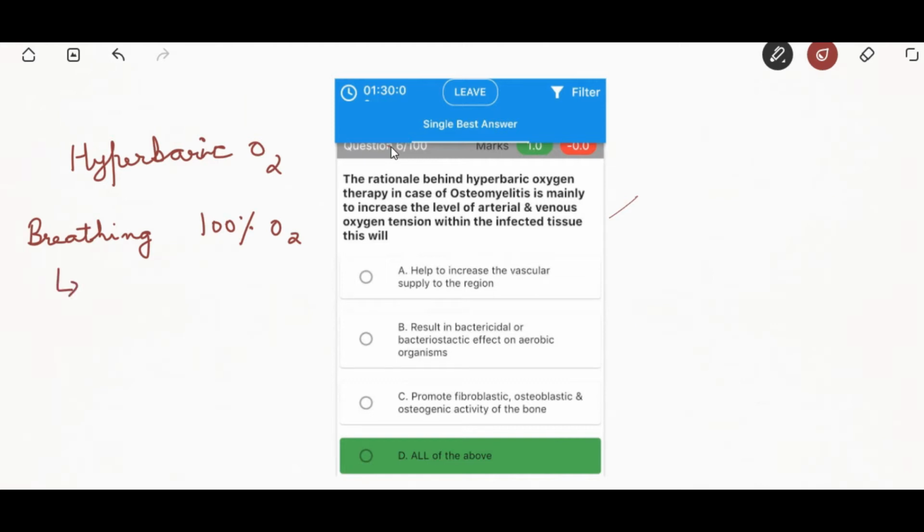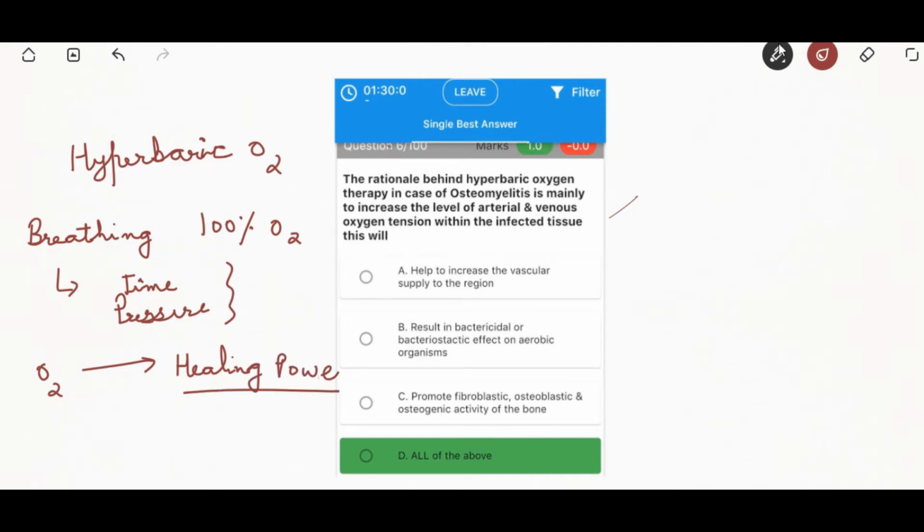As we all know, a high concentration of oxygen will enhance your body's healing power, to repair itself or to promote healing. So it will help to regenerate cells and tissue that are at risk of dying due to diminished blood supply.